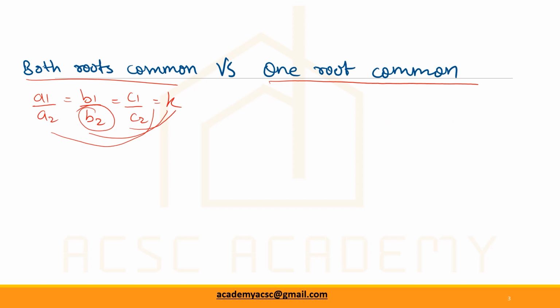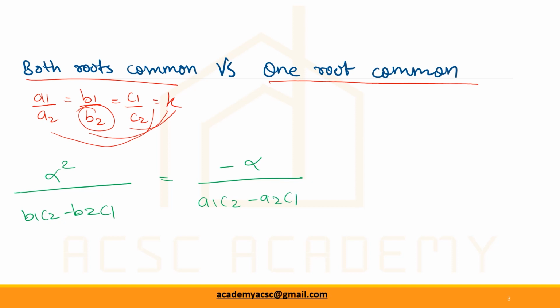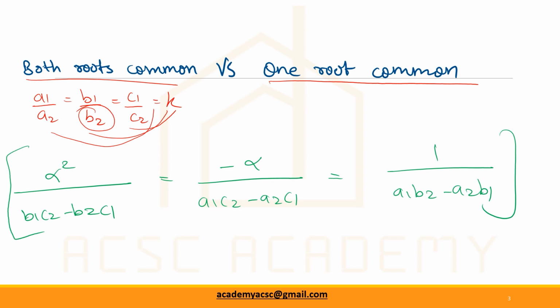We will write alpha squared upon b1c2 minus b2c1 equal to minus alpha upon a1c2 minus a2c1 equal to 1 upon a1b2 minus a2b1. So you can also remember this one instead of the original condition which we have seen.